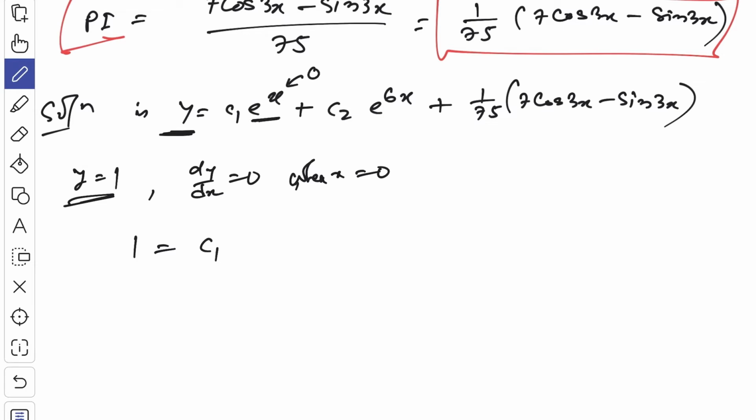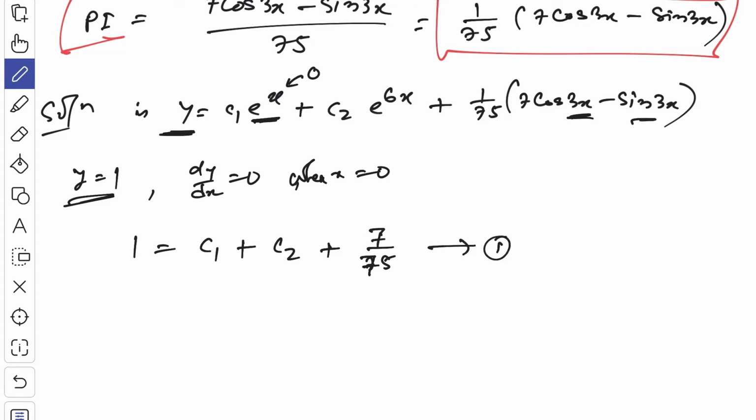On putting x is equal to 0 here, this term becomes 1. So we have got C1 and C2 here. Then 1 by 75. If you put 0 here, then cos 0 is 1 and sin 0 is 0. So we'll get 1 by 75 here in this case. So that's what we have got. Now as this is 1, so 7 into 1 here you will get. And that means simply you can write 7 by 75.